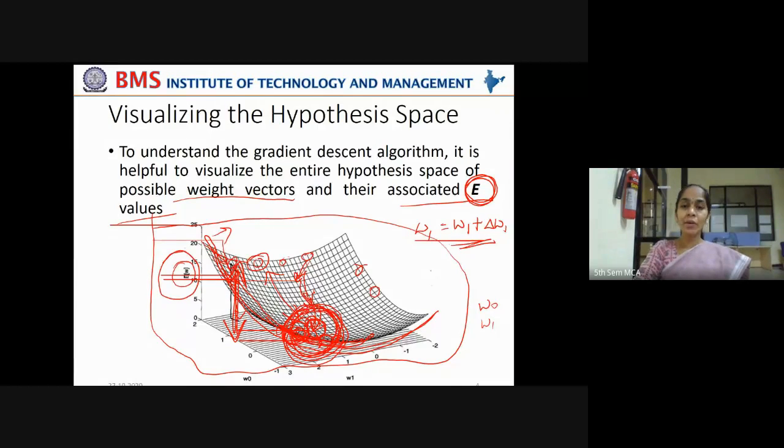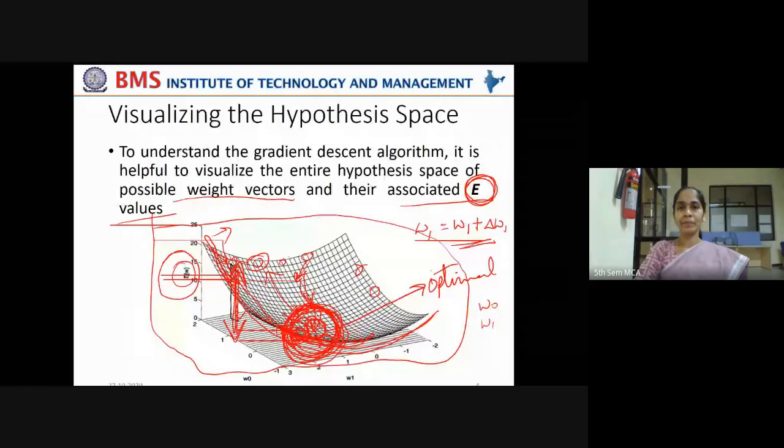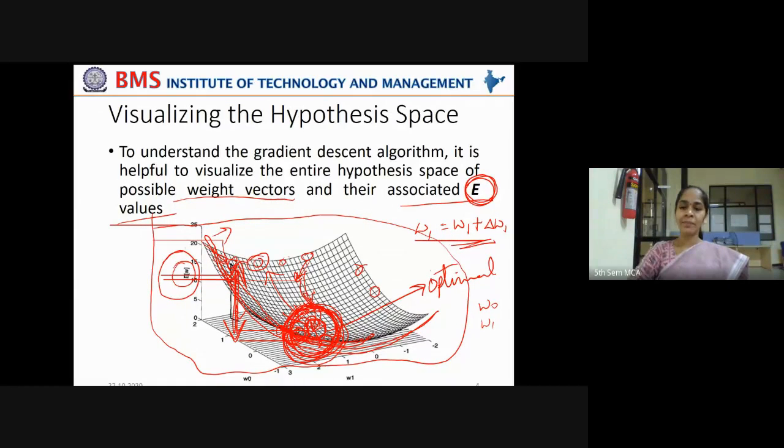That will be your global minimum of the prediction error. That is your optimal solution, right? That is how you need to adjust the weights in order to reach this global minimum. This is how we can visualize the hypothesis space. In the next class, we'll discuss this topic more elaborately, and further we'll derive the gradient descent rule.